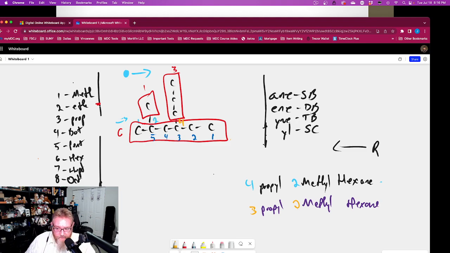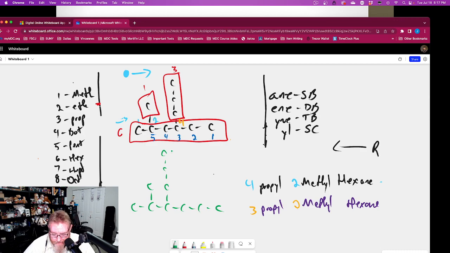How do we check? Are these things equal? We draw it out. So let's do this in green. 1, 2, 3, 4, 5, 6. So far, so good. 6 is 6. 2 methyl. Okay, so there's my 1. So far, so good. 3 propyl. 1, 2, 3. Cool.